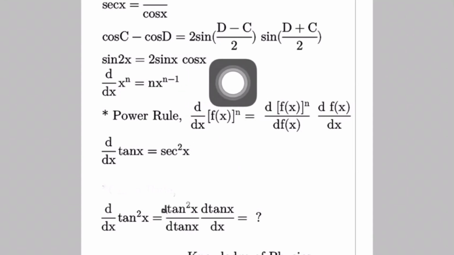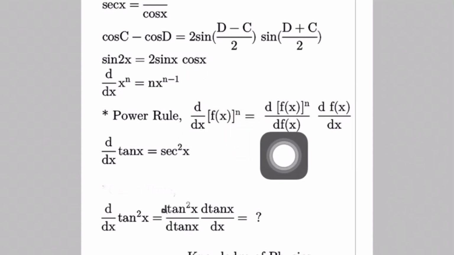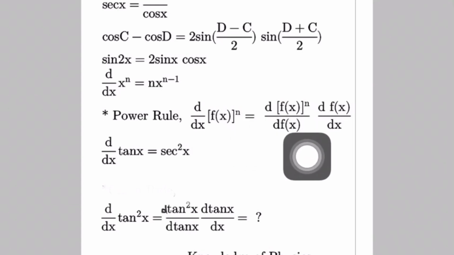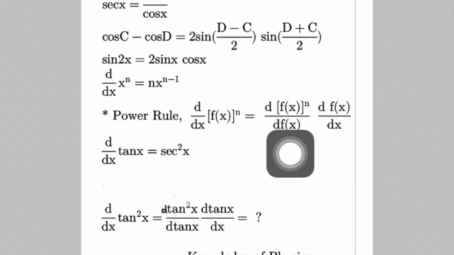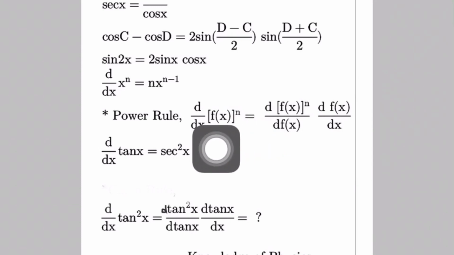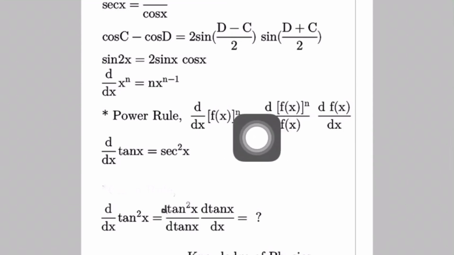To find it, you find the derivative of f of x to the power n with respect to f of x, and you also find the derivative of f of x with respect to x, and multiply these two factors so that you get the derivative of f of x to the power n with respect to x. This is the power rule, okay. Power rule means you are provided the function with a power n.